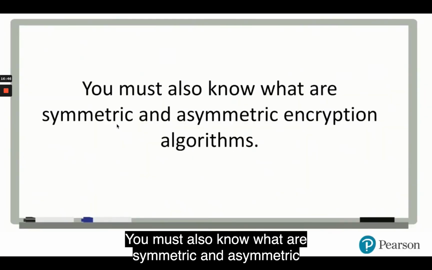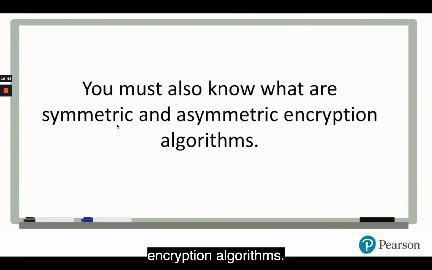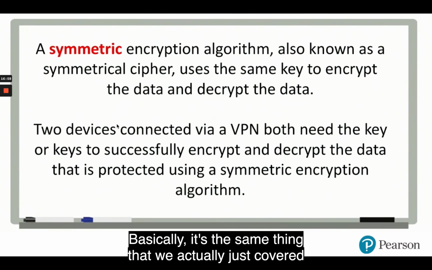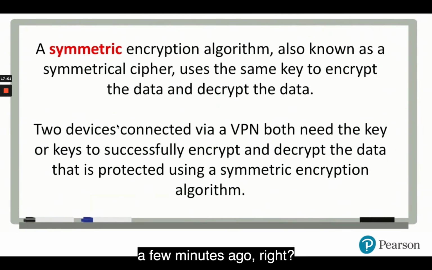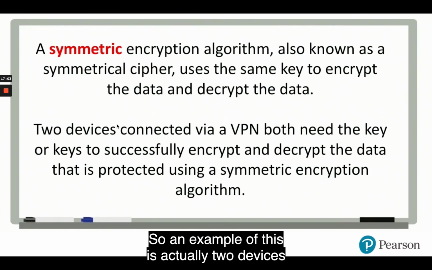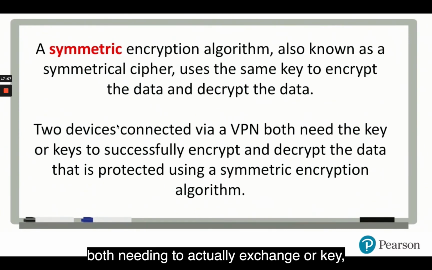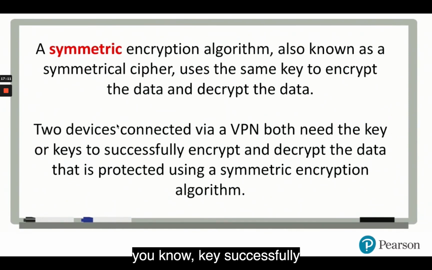You must also know what symmetric and asymmetric encryption algorithms are. A symmetric encryption algorithm is also known as a symmetrical cipher, and that uses the same key to encrypt and decrypt the data. Basically, it's the same thing that we just covered a few minutes ago, right? An example of this is two devices connected via VPN, both needing to exchange a key successfully to encrypt or decrypt data between that VPN tunnel.